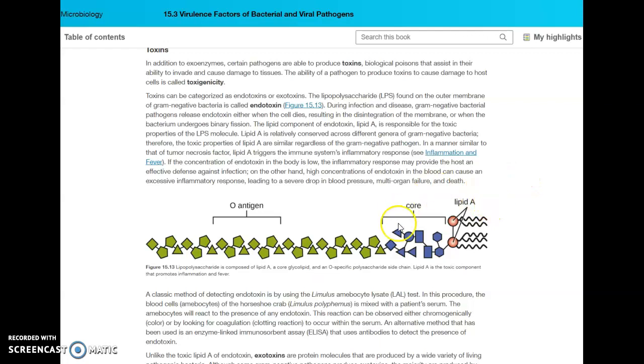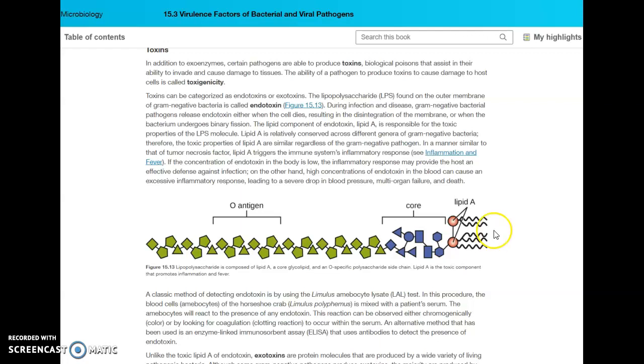It has this lipid A portion here, this core glycolipid, and then this O antigen, which is a polysaccharide. The lipid A is the toxic part of this lipopolysaccharide. During infection, the gram-negatives will release this endotoxin, either when the cell dies, as the membrane disintegrates, or when it undergoes binary fission, so when it's replicating or when it's dying.